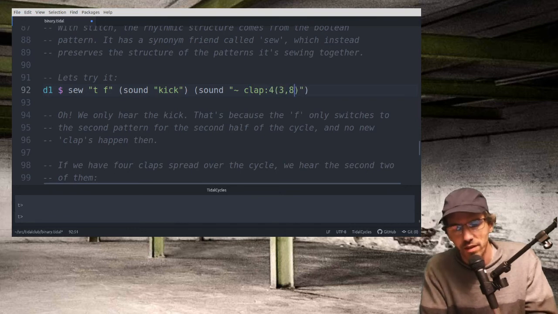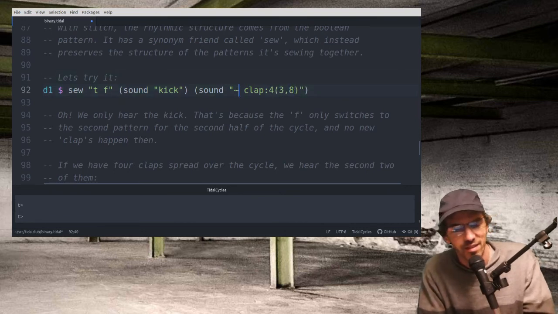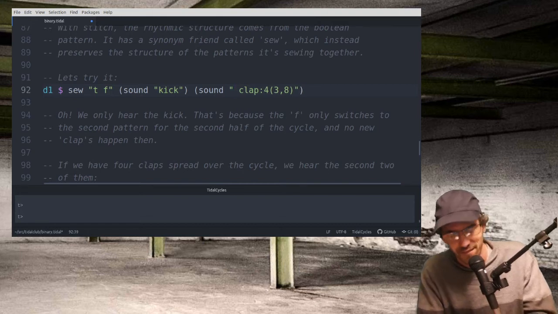But then I could do things like, so now I don't hear that snare at all until I change this. Then I don't hear the kick.